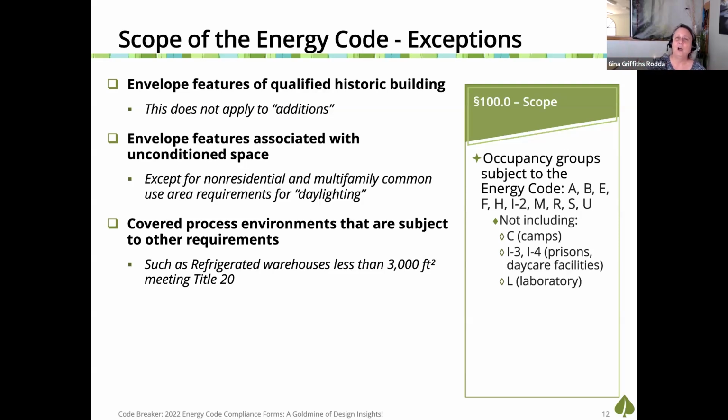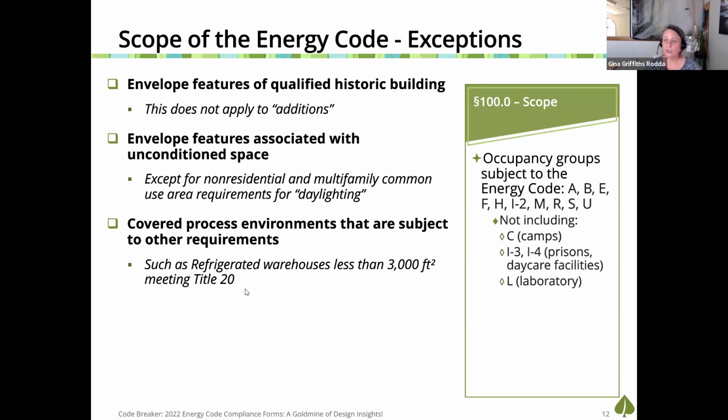It's the fact that it's covered under the energy code and has requirements. So we have requirements for things like refrigerated warehouses. Now, refrigerated warehouses, if they're less than 3,000 square feet, within the code, it says these refrigerated warehouses are not subject to the energy code because they have to meet Title 20, the appliance standards of the energy code.